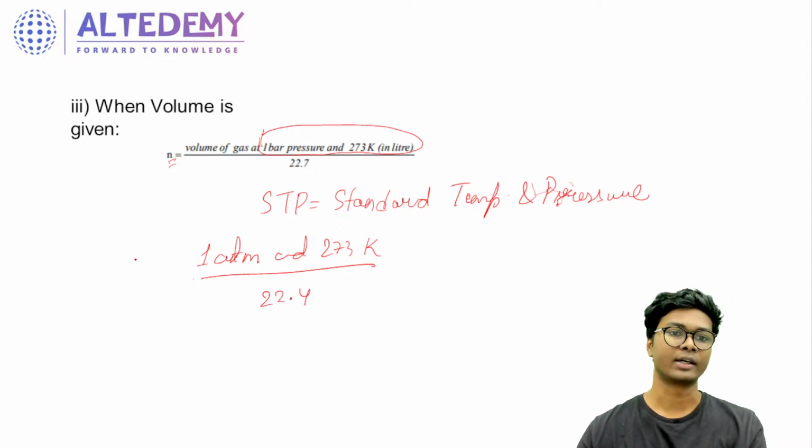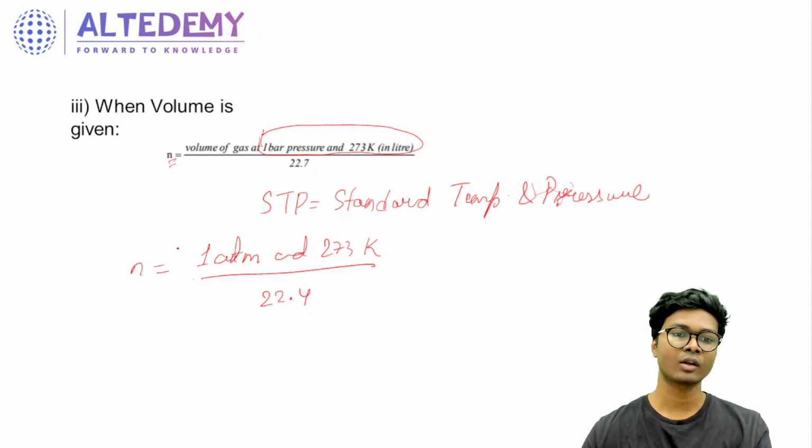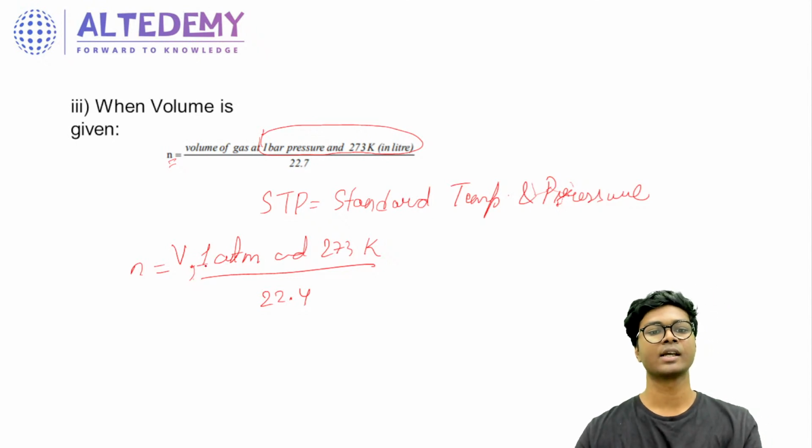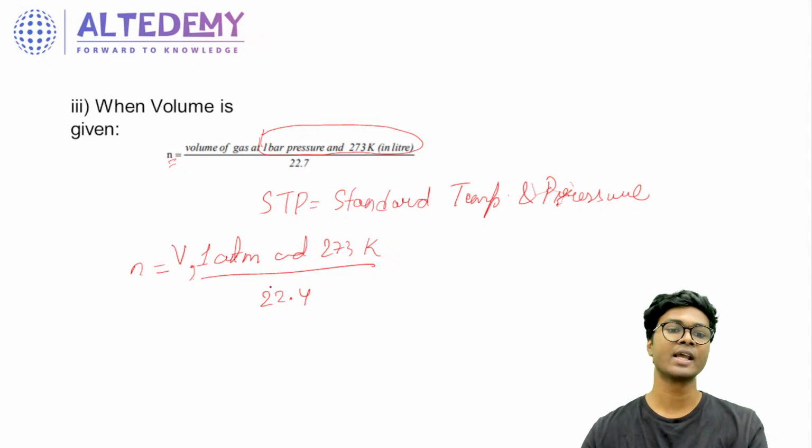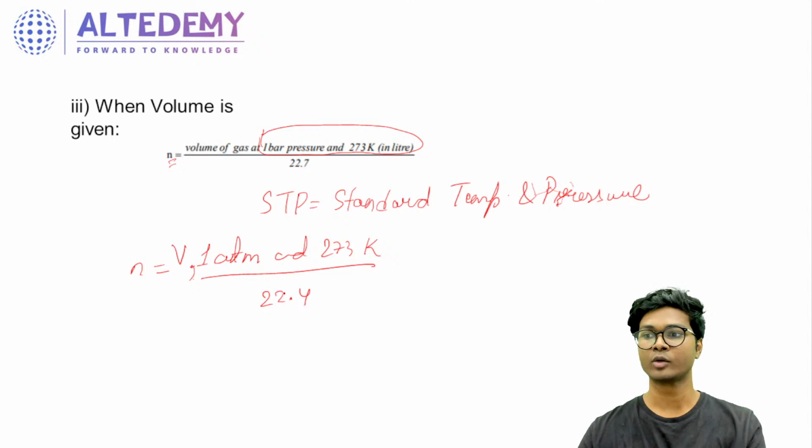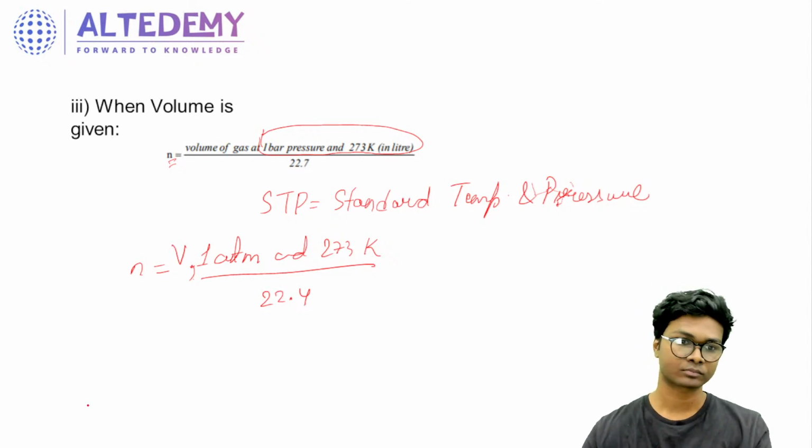This is the only difference. The number of moles, when the pressure is 1 atmospheric pressure and the temperature is 273 Kelvin, we'll have to divide the volume by 22.4.